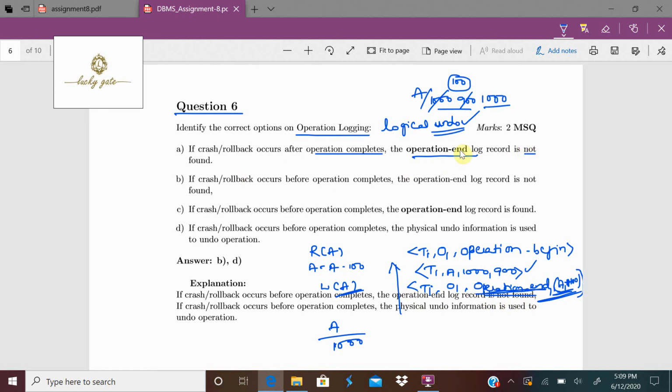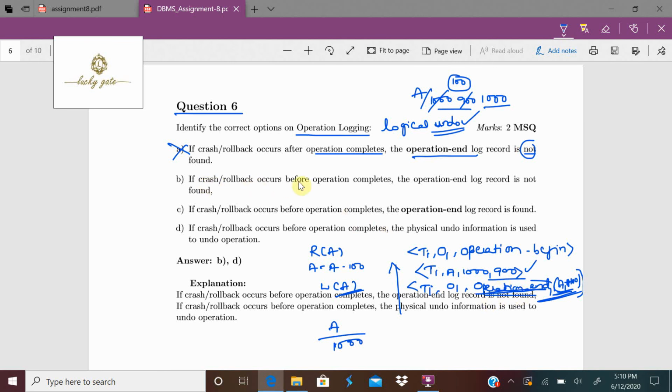Because it is given as not found, it is incorrect. Option B: if crash or rollback occurs before the operation completes. Before the operation completes, you cannot see the operation end log. Why? Because the crash occurs before, so the system won't enter the operation end log into the log records.